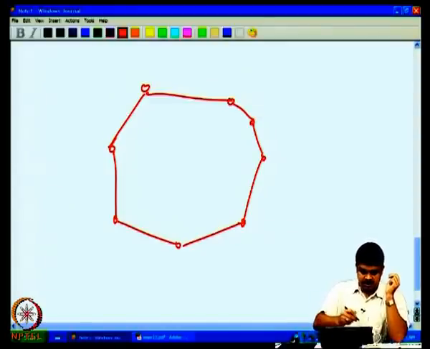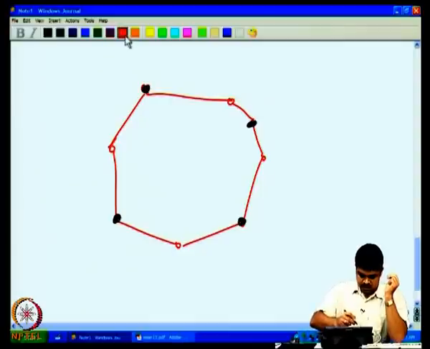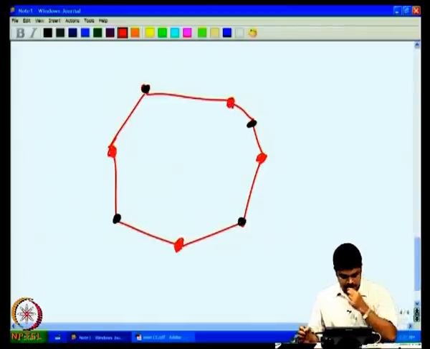A little consideration will reveal that only two colors are required. We can give this vertex black, and the other color, say white, sorry, red. So using two colors we can color this one.